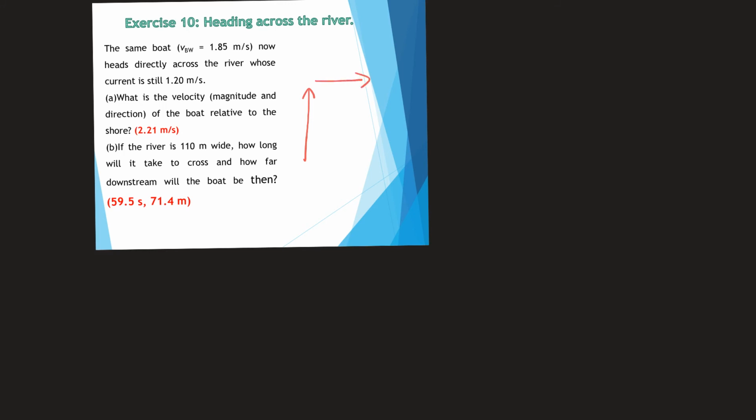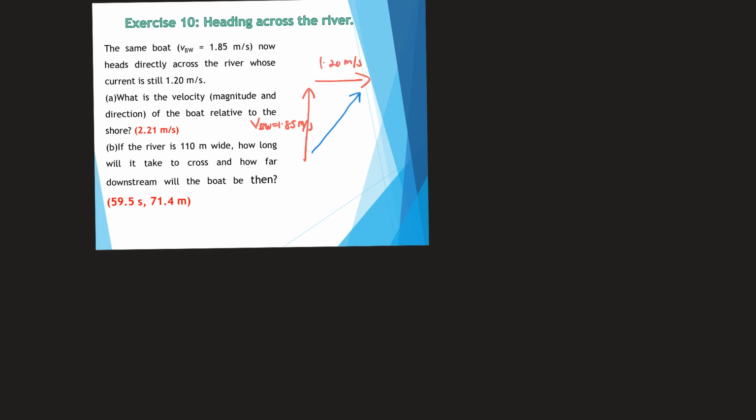So your path is going to be like that. Now your 1.85 is going to be at this part, VBW, which is 1.85 meter per second, and the river current is 1.20 meter per second.